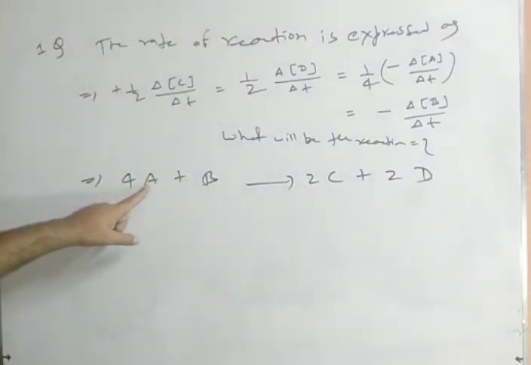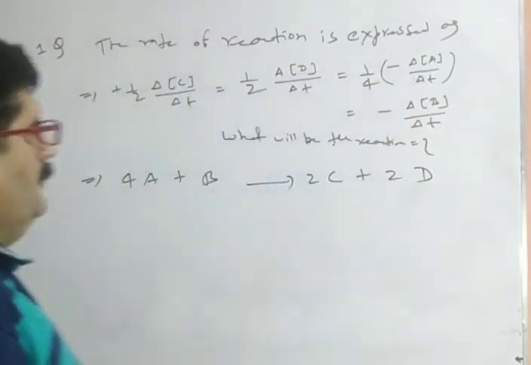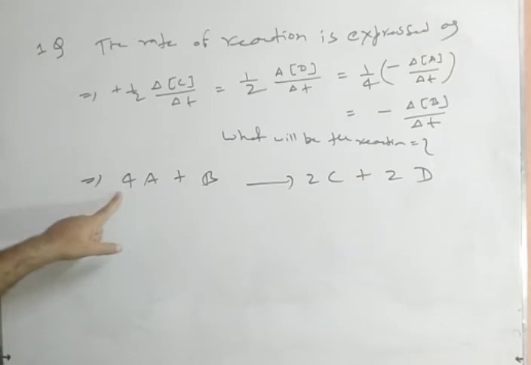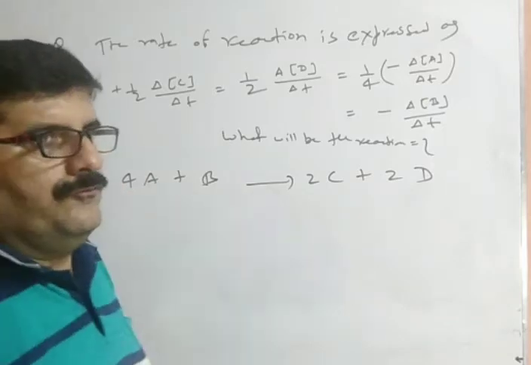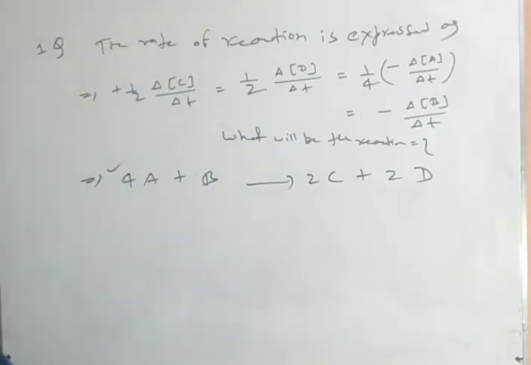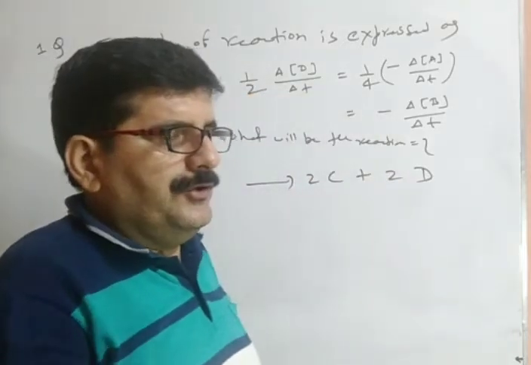Because if dA by dt is multiplied by 1 by 4, it gives the resulting value 1. So all the stoichiometric coefficients are then equal.